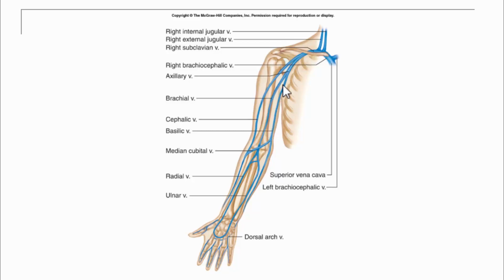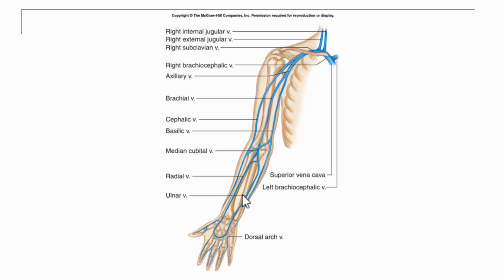Now this is actually going to be a deeper vein here. We have the brachial vein. And just like with the artery, it's going to split on the thumb side. We have the radial vein. On the little finger side, we have the ulnar vein. Okay, and then it's going to come down to your dorsal arch vein.